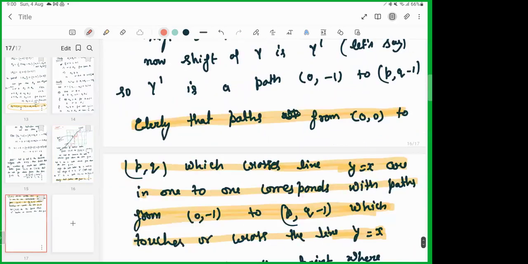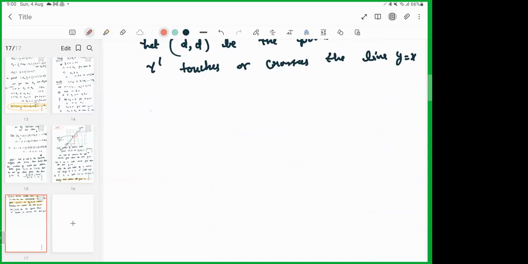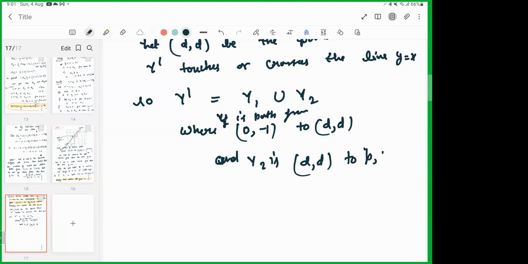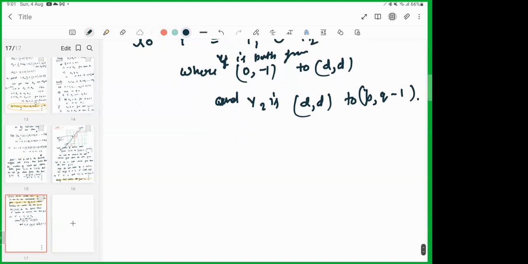So gamma dash is the union of the paths gamma 1 and gamma 2, where gamma 1 is the path from 0, -1 to d, d, and gamma 2 is from d, d to p, q minus 1, right?